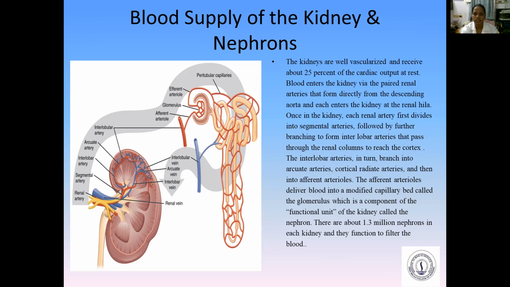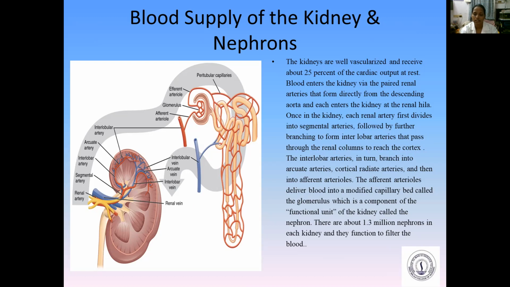Once in the kidney, each renal artery first divides into segmental artery, followed by further branching to form interlobar arteries that pass through the renal columns to reach the cortex. The interlobar arteries in turn branch into arcuate arteries, cortical radiate arteries, and then into afferent arterioles.